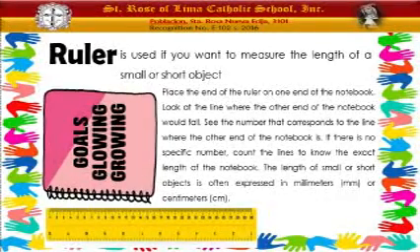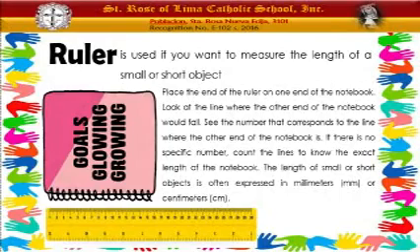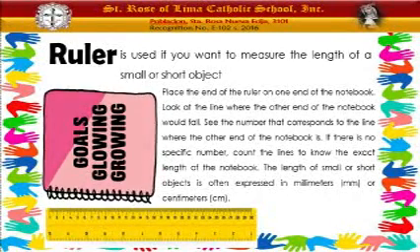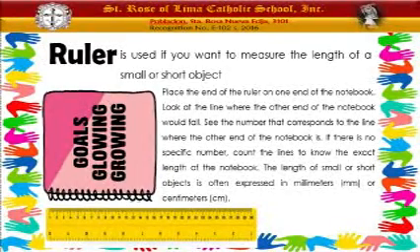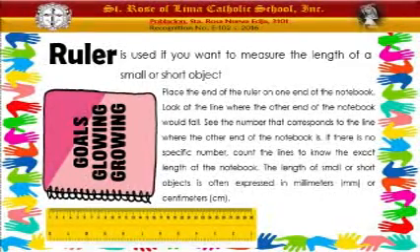Look at the line where the other end of the notebook would fall. And then see the number that corresponds to the line where the other end of the notebook is. If there is no specific number, count the lines to know the exact length of the notebook.